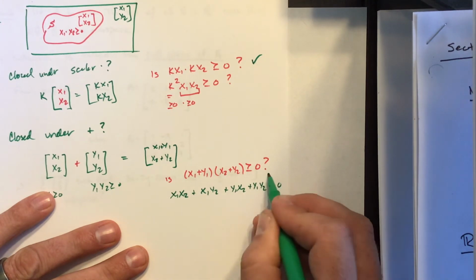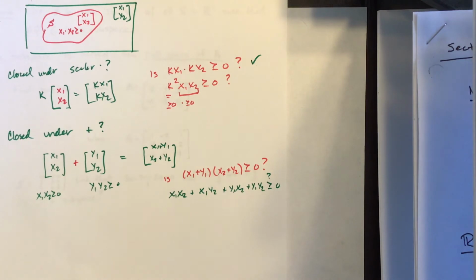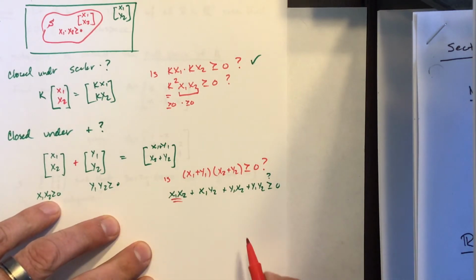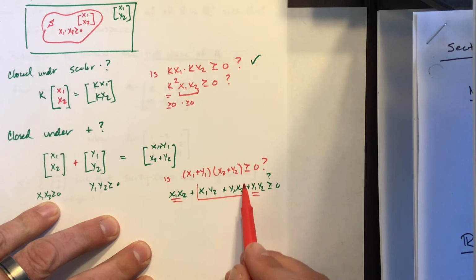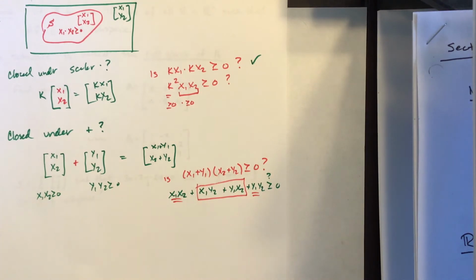And you want to answer, is that greater than or equal to 0? And this is kind of where it gets complicated. We know that this is greater than or equal to 0. We know that this is greater than or equal to 0. So the only way for this not to be greater than or equal to 0 is if something happens here that makes that negative. So this is where I start getting skeptical of whether or not the set is closed under addition.